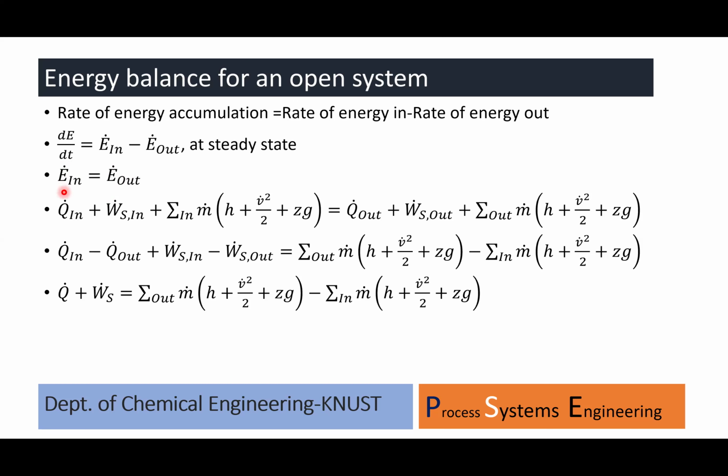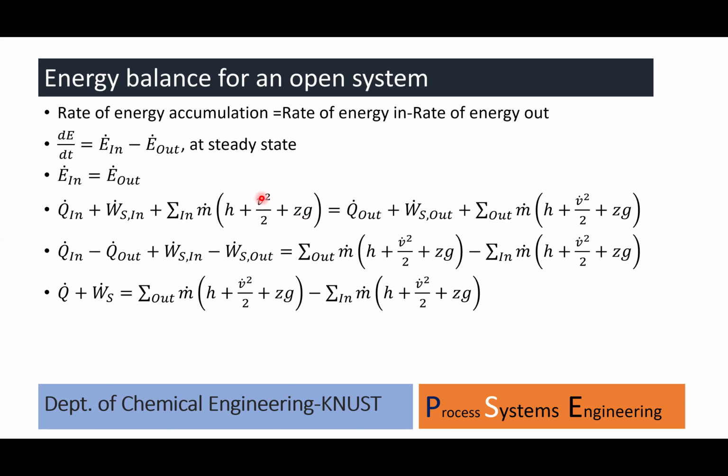Now for the energy coming in, it is going to come in with its own heat, its own work. And these terms here, I'll start with the last one, the Z g. This is going to be the potential energy because the potential energy is mass times acceleration due to gravity times height. We don't represent height with H for thermodynamics because H is for enthalpy. So we use Z, right? So m g z.